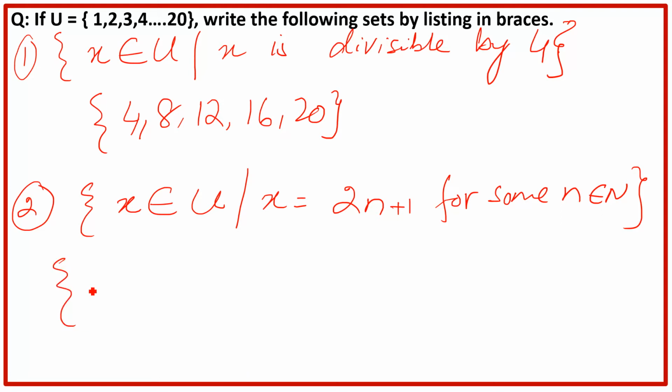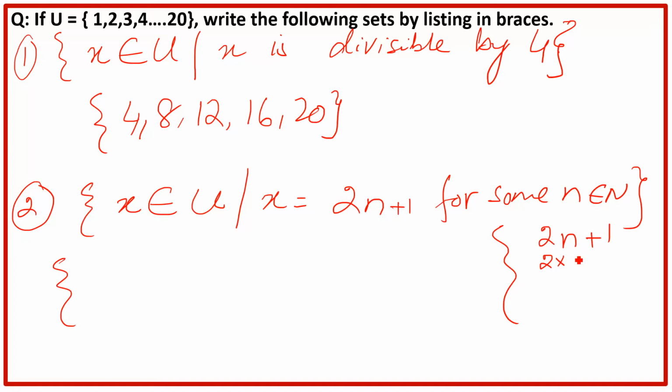One by one, here we have to write down the listing in braces. But here I will show you 2n plus 1. So one by one, first we will put 1, then we will put 2 instead of n, then 3 and so on. But some, not all.